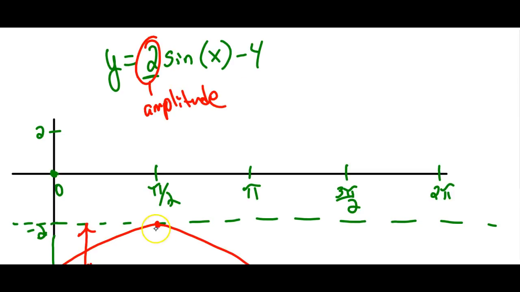That's the distance from the max to the middle of the graph, or the min to the middle of the graph. This is our vertical shift, just like we've seen on other parent function transformations before. In here is where we have things called a phase shift, which we'll see in a moment.